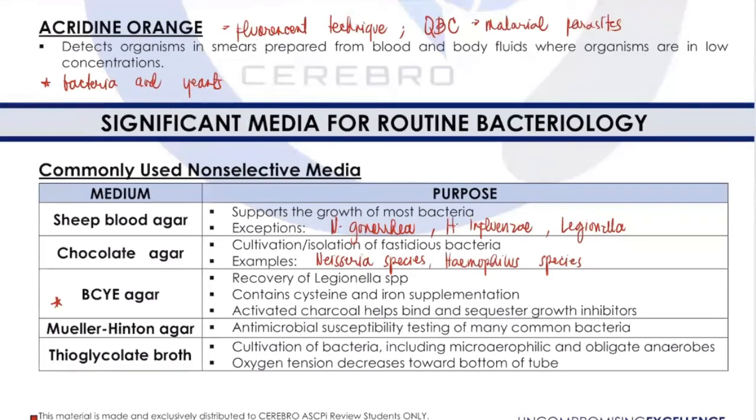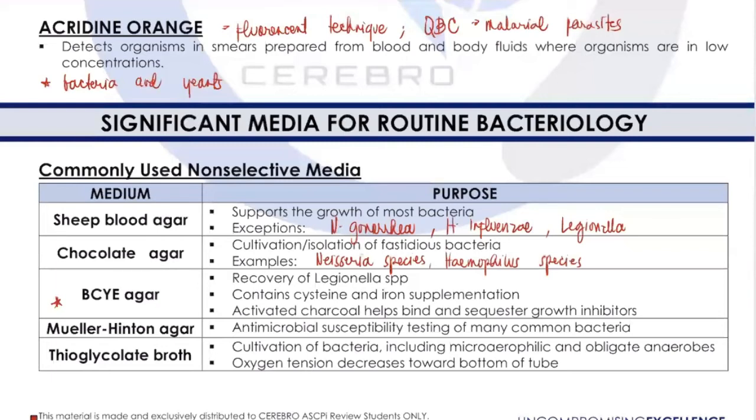Then we also have our Mueller-Hinton agar, which is utilized for antimicrobial susceptibility testing of many common bacteria. And we also have thioglycolate broth, which is for the cultivation of bacteria, including microaerophiles and obligate anaerobes. This thioglycolate broth supports the growth of several organisms, and at the same time, we are able to classify these organisms based on their oxygen requirement, because we know their oxygen requirement based on the location in the thioglycolate where they grow.